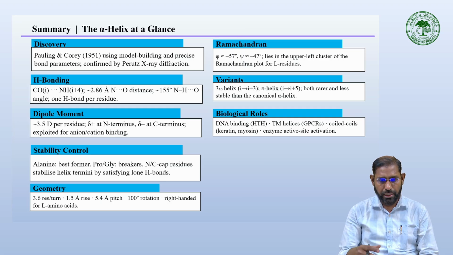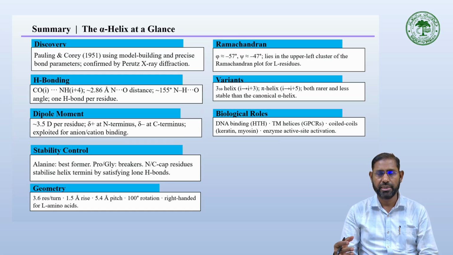Now the summary of my presentation, my lecture today: alpha helix at a glance. Discovery: Pauling and Corey in 1951 using model building and precise bond parameters, confirmed by Perutz with X-ray diffraction using X-ray crystallography.